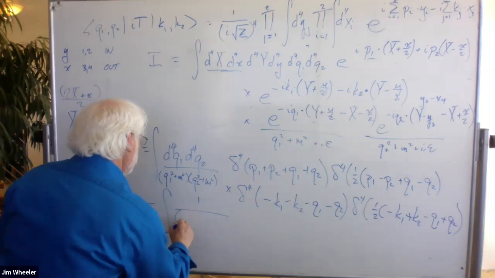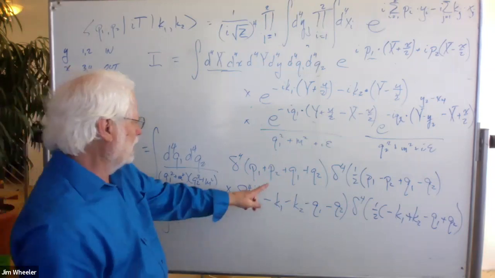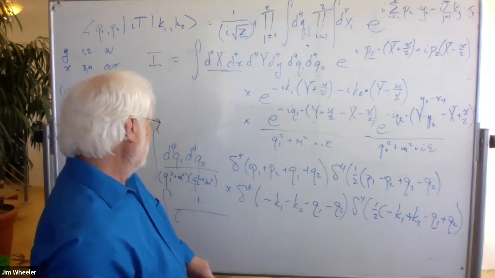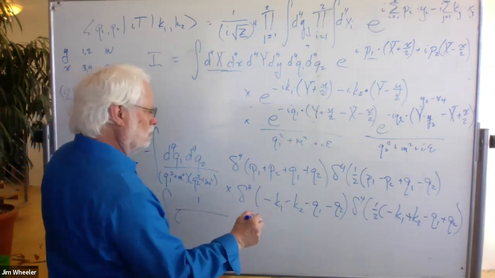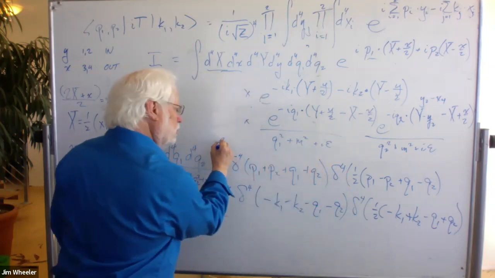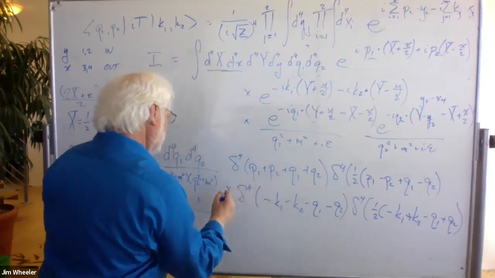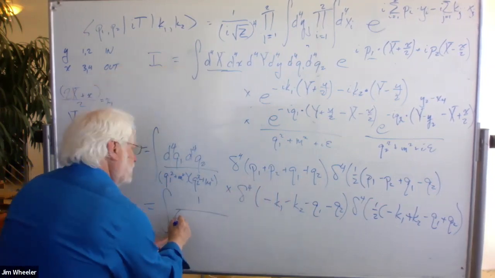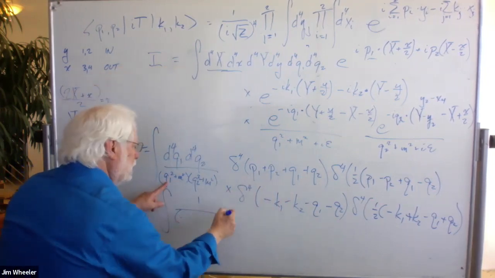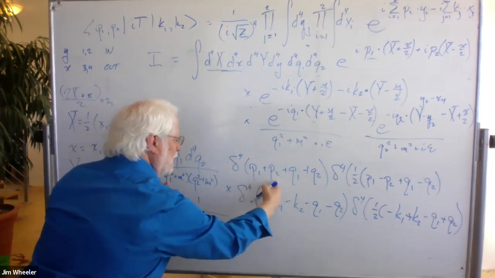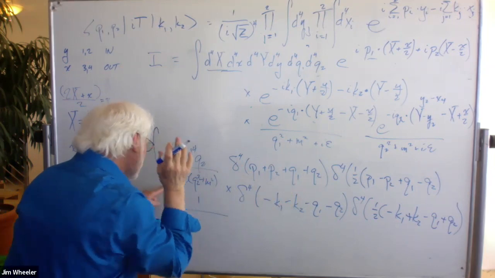And we still have, okay, so what's q1? Let's see. Now let's integrate over q2 first. So then q2 from this delta function, no, I want to do q1. So q1 is going to be q1 squared, right? Q1 is minus p1 minus p2 minus q1.